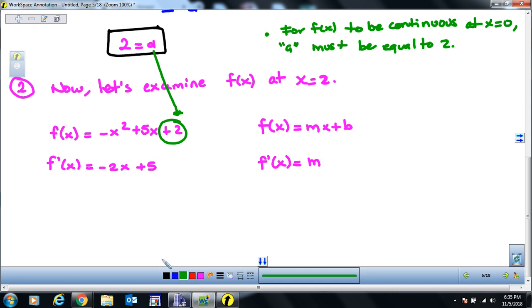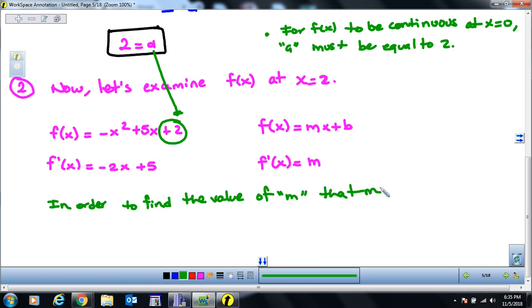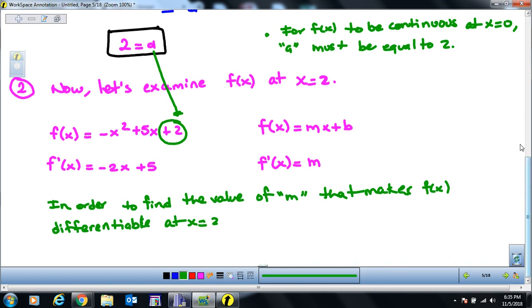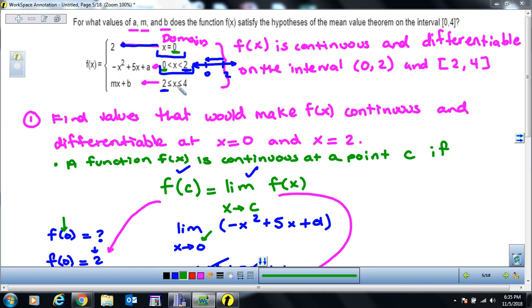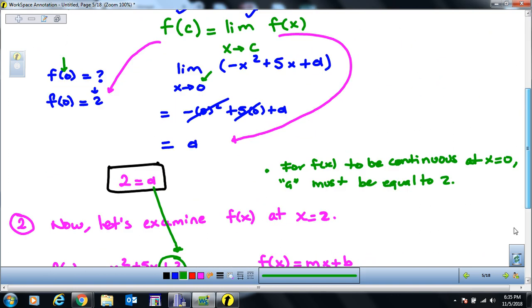Okay. Why? It says that in order to find the value of m that makes f of x differentiable at x equals 2, what it means is that if I plug in 2 into the second equation or the third one, I want to get the same answer for both.